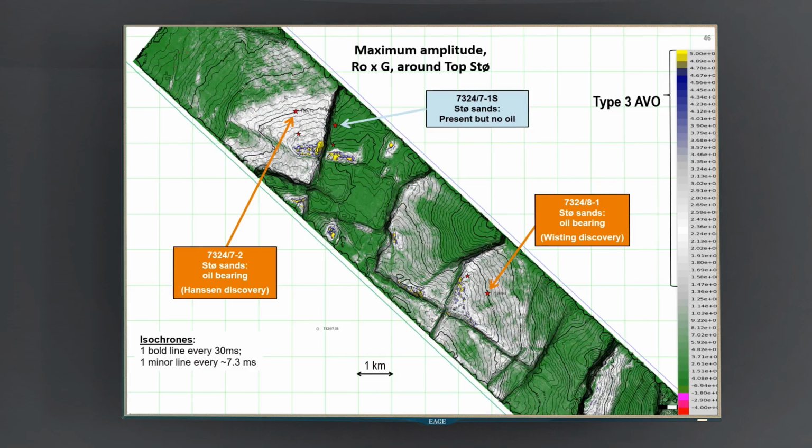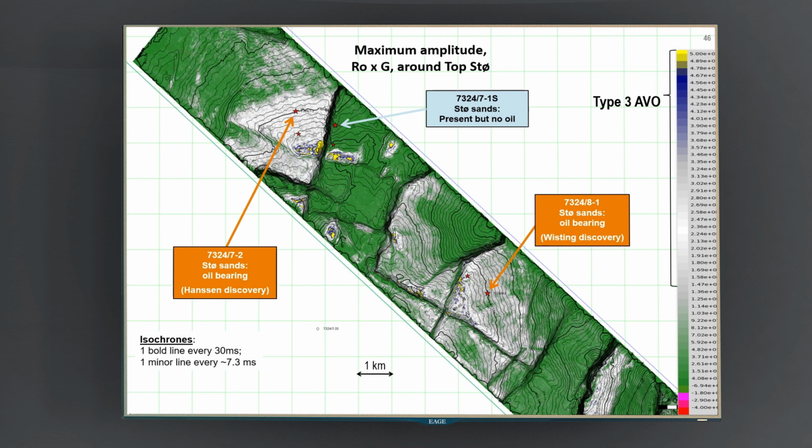And here we see the AVO product R0 times G extracted around the top stø horizon. We can see the 2 discovery wells and the dry well indicated. And it's a remarkable consistency. Both discovery wells are in areas of type 3 AVO, which is an indication of hydrocarbons, whereas the dry well is in this green area where there is not a type 3 AVO.